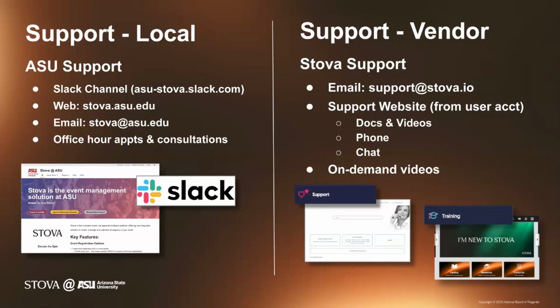The phone numbers are there to call, 1-800 numbers. You can also click a chat, which will pop up in the lower right-hand corner of those pages. There are also some on-demand videos that you can sign up for. But we find that most people either chat or use the email to ask their questions.